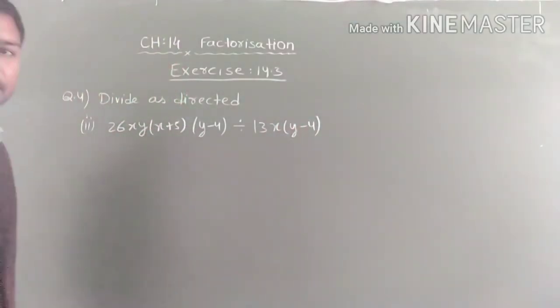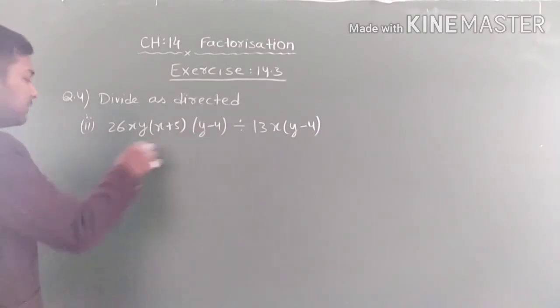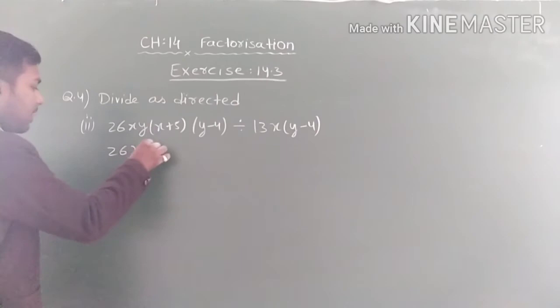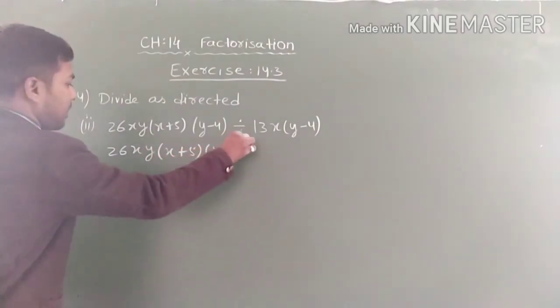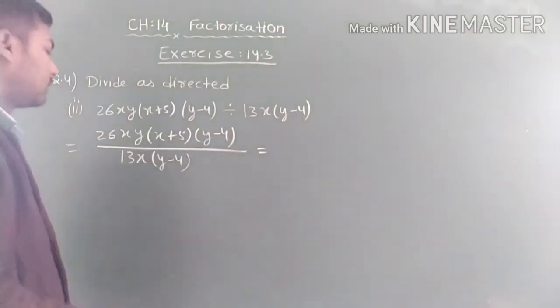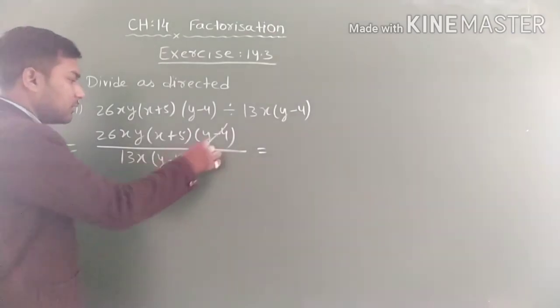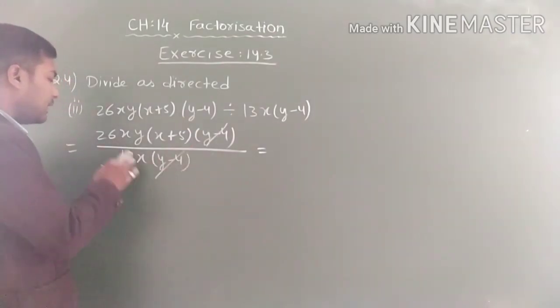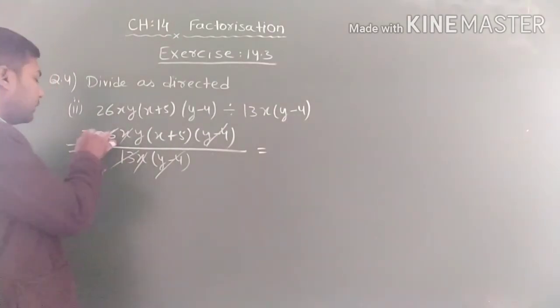Now next one, question number 2. Okay, it is given. So now 26xy into x plus y minus 4, divided by 13x into y minus 4. Now y minus 4 and y minus 4, so you cancel out. 13x and 26x, so x and x cancel out, and 13 into 2 is 26.